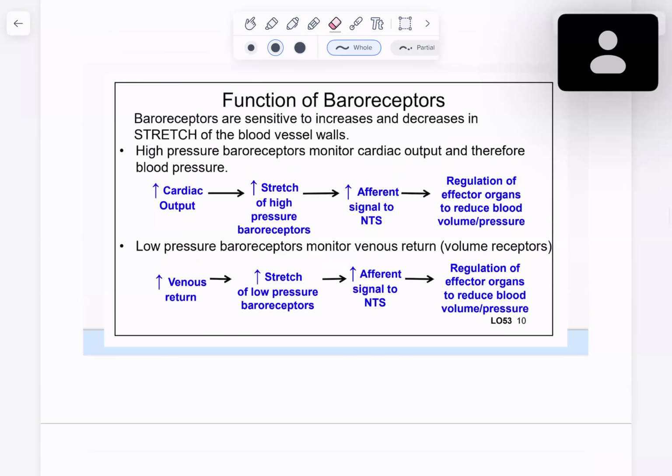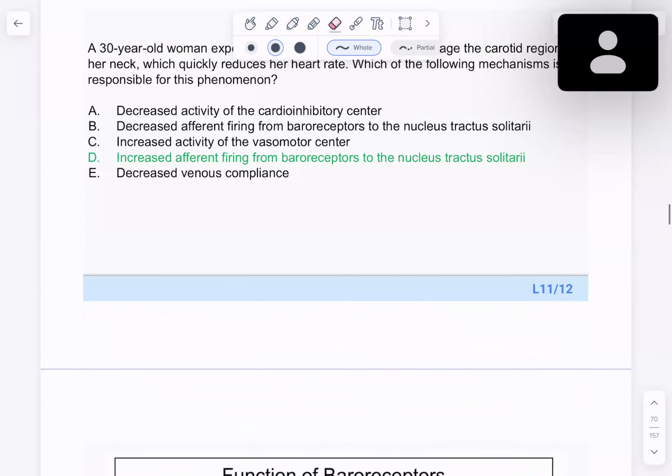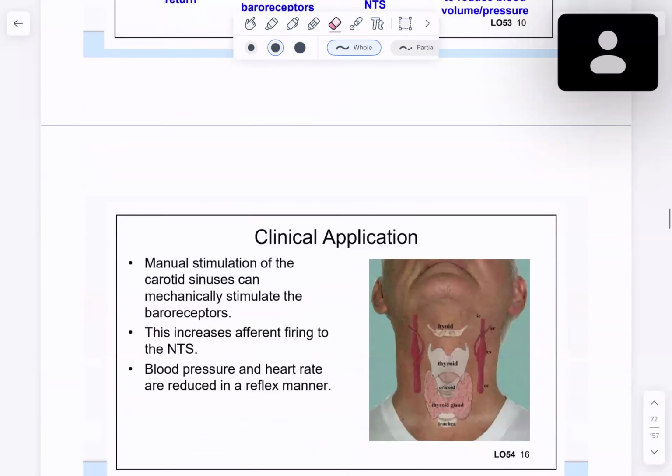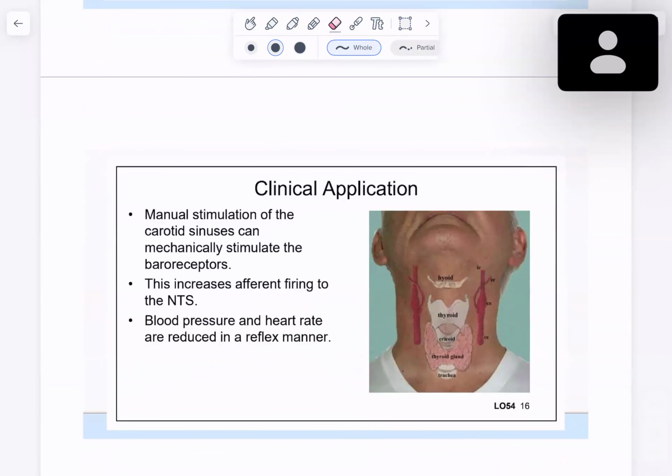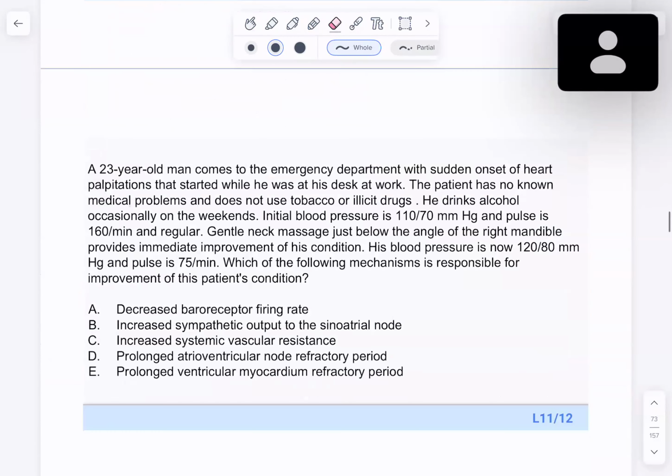Tamam? So what is another way for these baroreceptors to be stimulated, other than manually massaging them? Excellent. If you have high blood pressure, they will be stretched, and that will also cause them to increase firing.